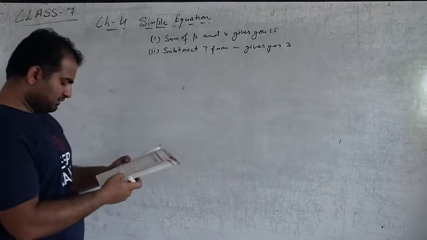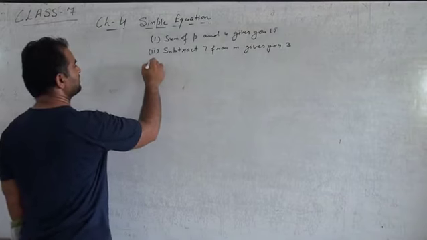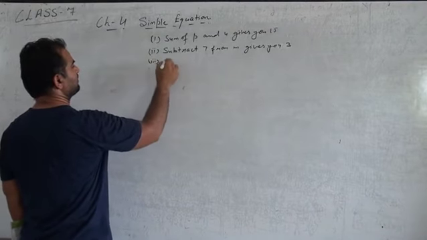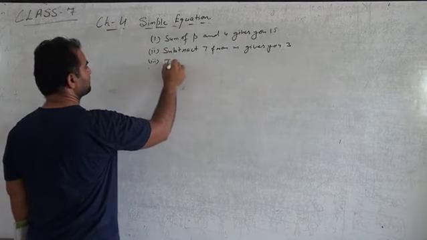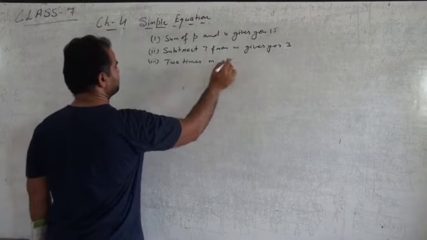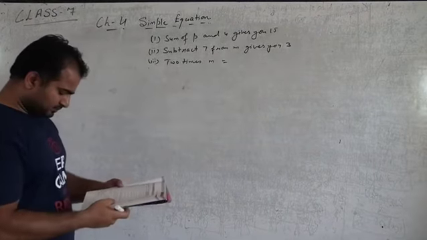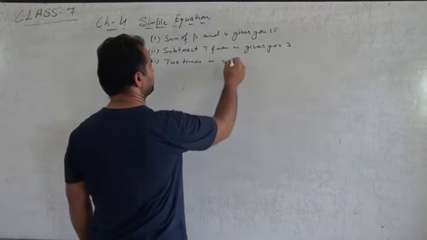Next is 2m equals 7. So, 2 times m is equal to 7.